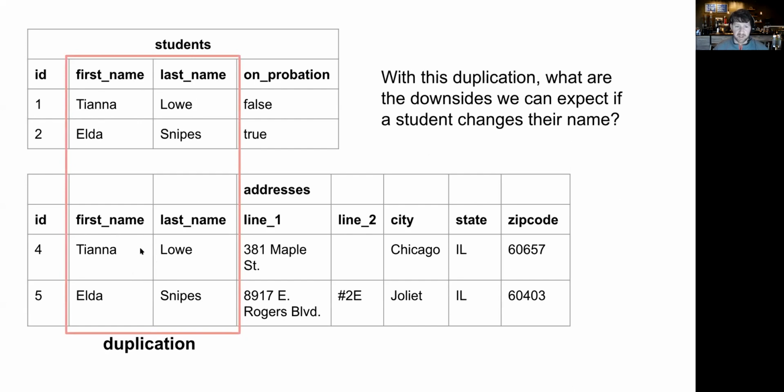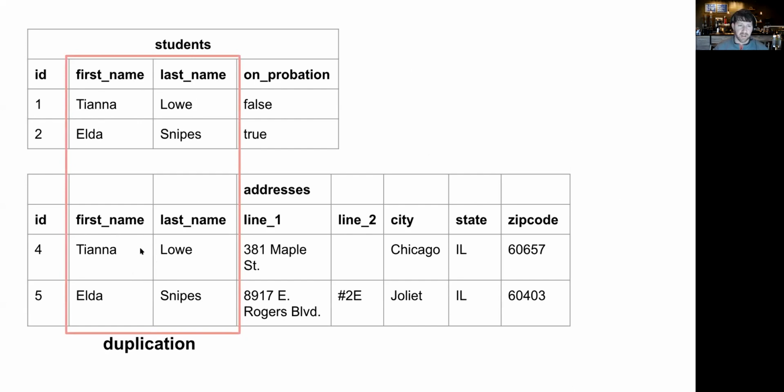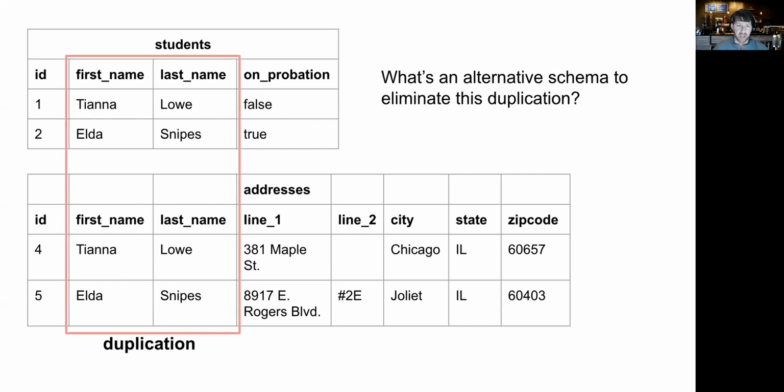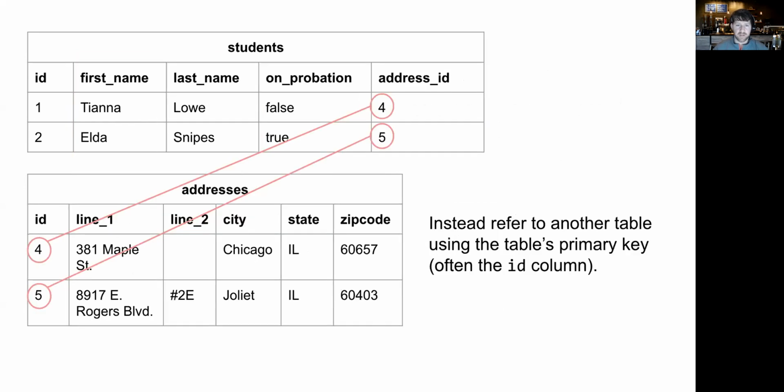So we can fix that by keeping our code DRY by using what is called a foreign key. Inside the students table, we add another column called address ID, and the value of this address ID will be associated with the ID in the addresses table.